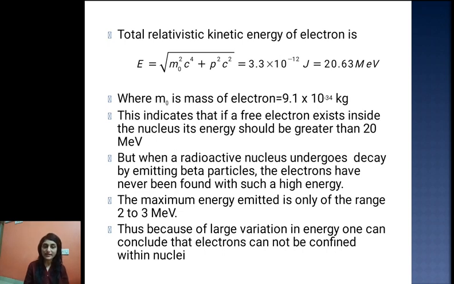The maximum energy emitted is only in the range of 2 to 3 MeV. Thus, because of this large variation in energy, one can conclude that electrons cannot be confined within nuclei. Electrons do not live in the nucleus. They are not a constituent of a nucleus.